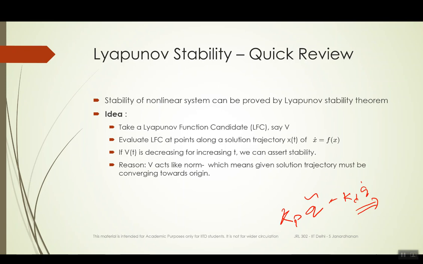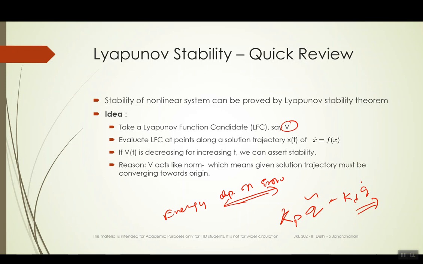So in Lyapunov stability, what we basically do is formulate a Lyapunov function that represents some sort of energy dependent on error. So this energy is equal to 0 when the error is 0, and if this energy decreases, it indicates that the error is decreasing.